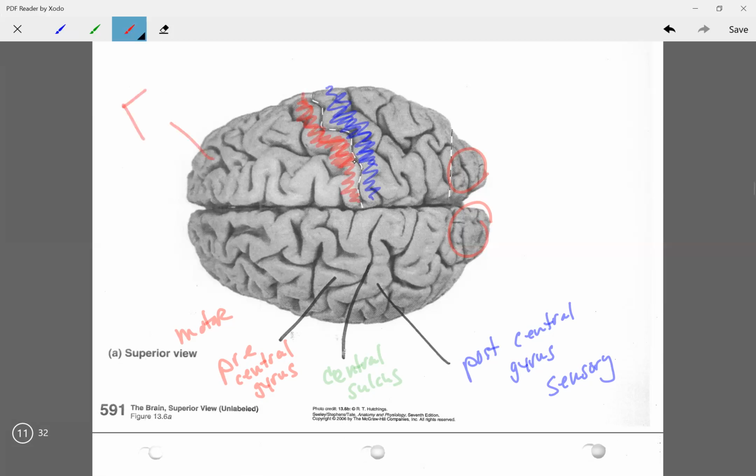All right, frontal lobe, parietal lobe area, and temporal lobe. Okay, this is the entire right cerebral hemisphere. There's your entire left cerebral hemisphere.